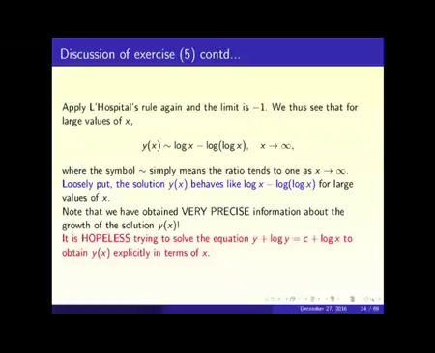It is hopeless to try and solve this equation. You might say, why do we do this? Why, we already have the explicit solution, right? We have the solution y plus log y equals c plus log x. But is this solution as explicit as we would like to have it? It's an equation connecting x and y.